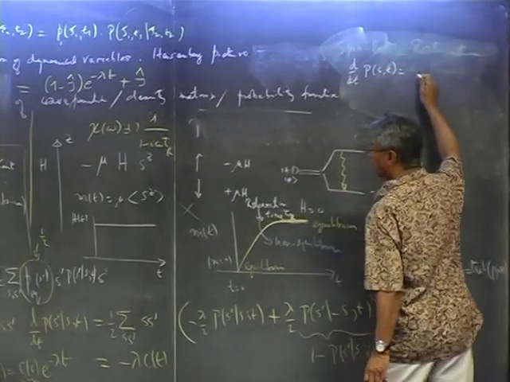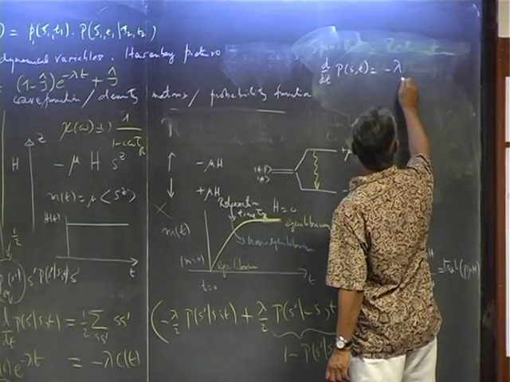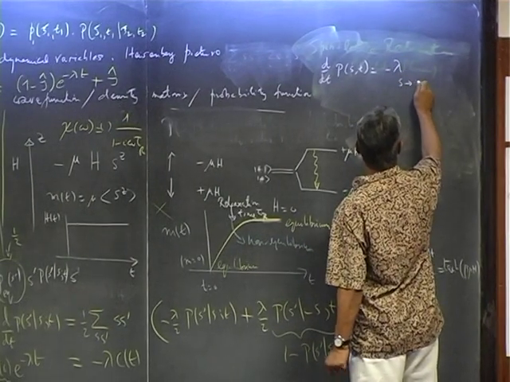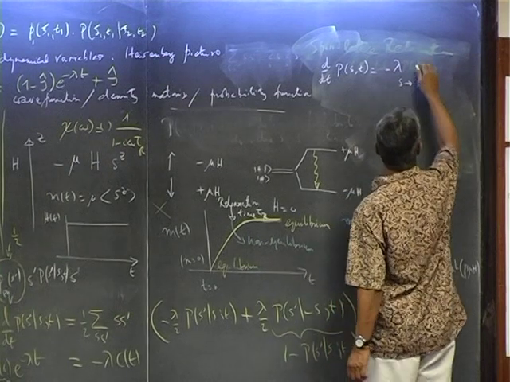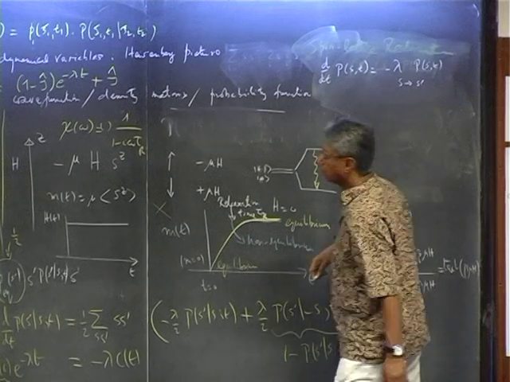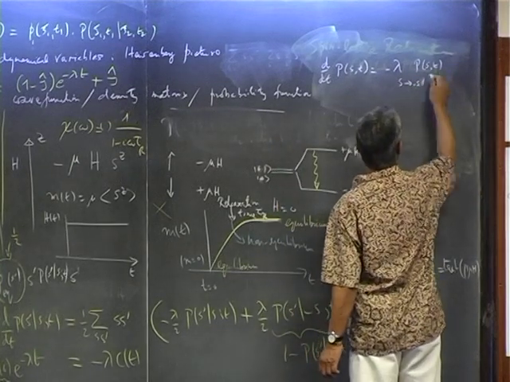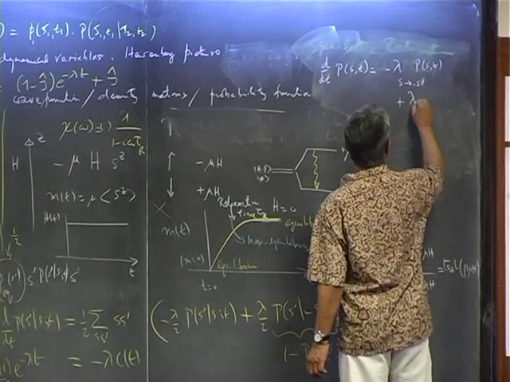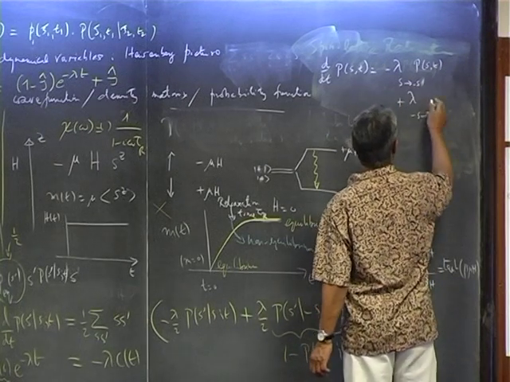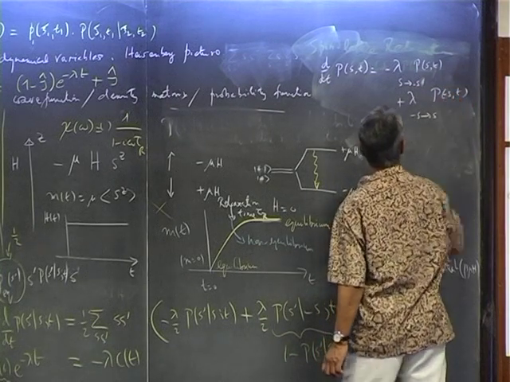So now I want to flip out of the state. So I have a minus lambda s going to s prime P of s comma t, s to minus s, plus lambda minus s to s, this is the gain term coming from the minus s configuration.